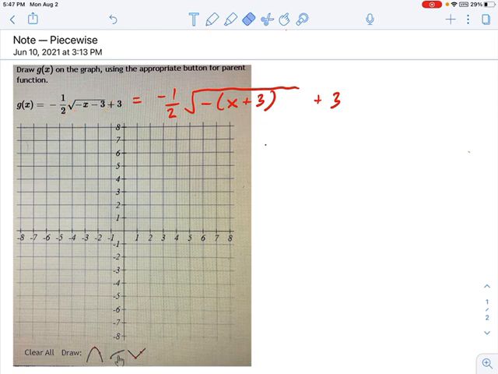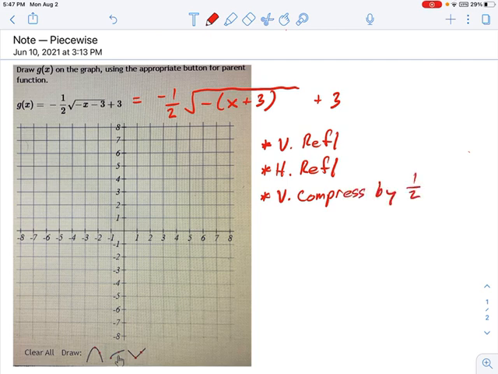Okay, so let's talk about this equation and how to graph it. And when I graph things, I generally think in terms of what's happening. We've got a vertical reflection. I've got a horizontal reflection. Okay, see those two negative signs? I've got a vertical compression by a factor of 1/2.